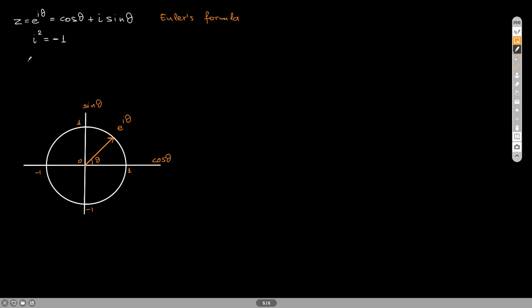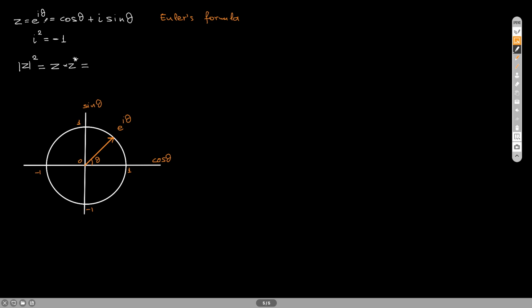Now, I want to show you one more thing. When we have complex numbers and we want to find the magnitude, the magnitude squared of that complex number will be equal to the complex number times the conjugate of that complex number.